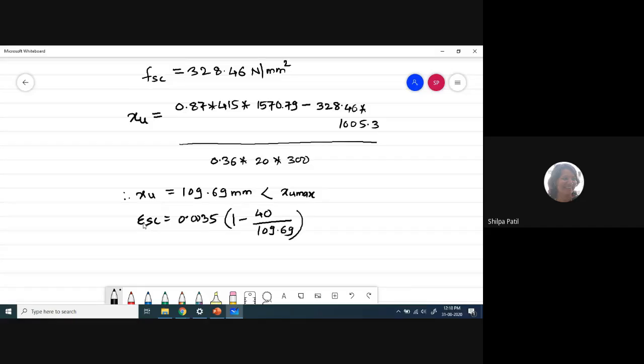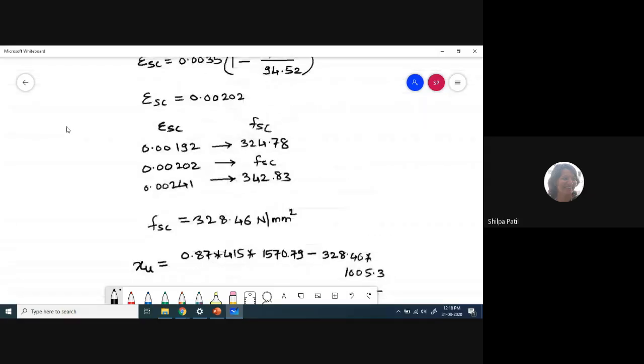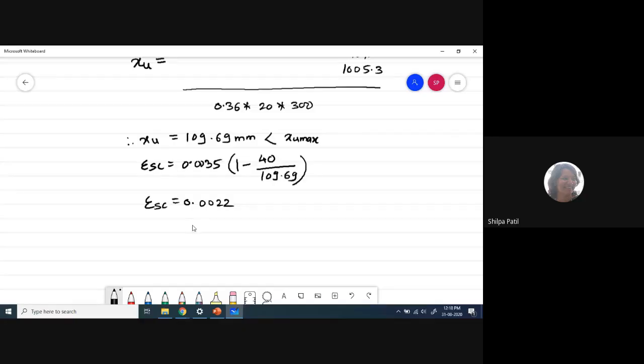So this epsilon value is coming equal to, what is the value? Quickly tell me. 0.00222. 0.0022. Now the earlier epsilon value was 0.0020 and now this is 0.0022. So again we have to do the interpolation.